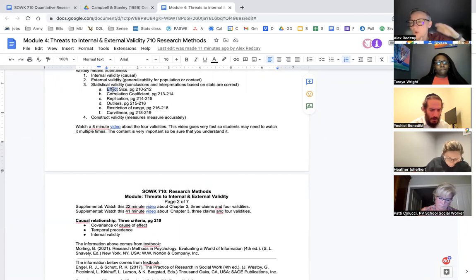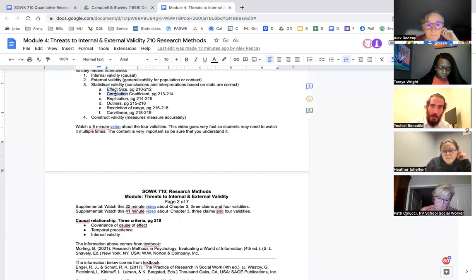If you have a large enough population, like 30,000 people in your database, it could be significant just because you have so many people, but it doesn't mean it actually had a real impact. And that's where you get into things like effect size, power, and correlation coefficient. There's a bunch of other statistical things that you look at to determine how it increases the credibility of the research.